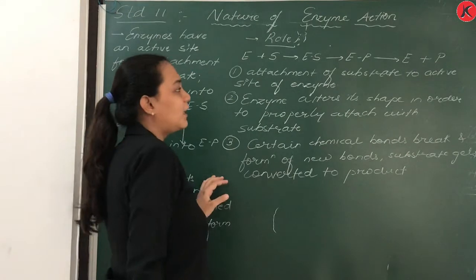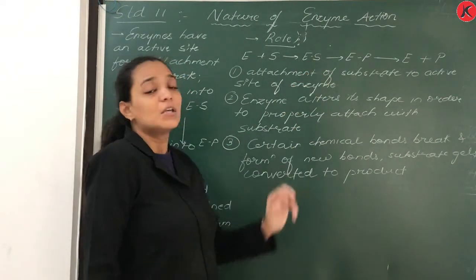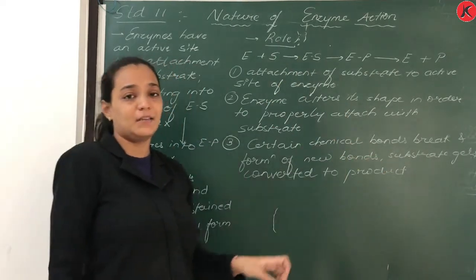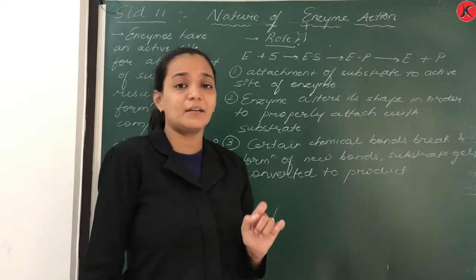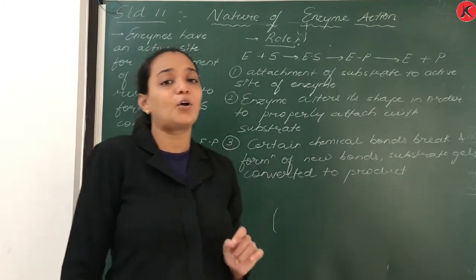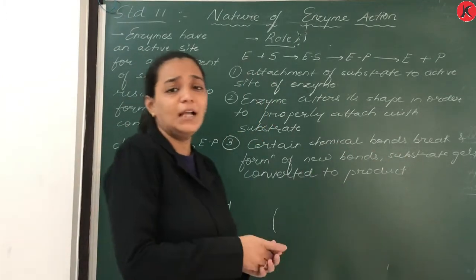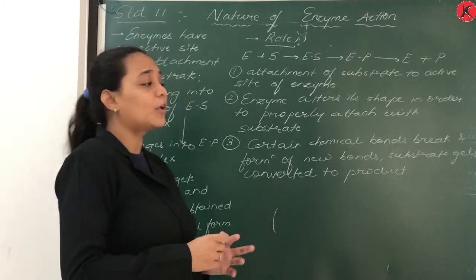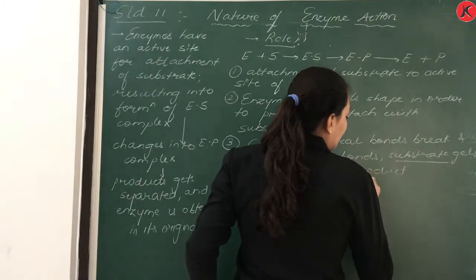So what has happened now? The substrate was firmly attached, but now certain bonds between the substrate and the active site of the enzyme are going to break, and some new bonds are going to be formed, and therefore changing the substrate into the product.